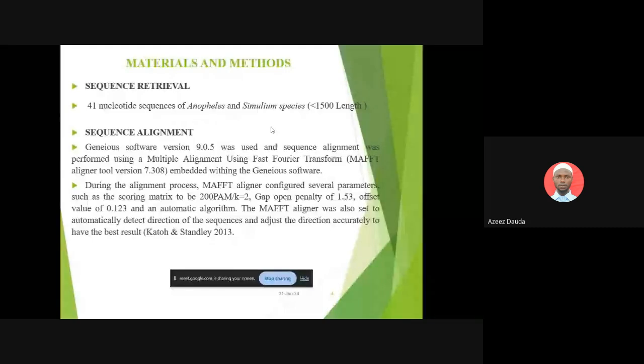And these nucleotide sequences that we collected were of less than 1,500 base pairs. Then we did the sequence alignment making use of Geneious software, and the MAFFT aligner tool was used simply because it has the ability to identify the direction of the sequence and do the alignment properly.